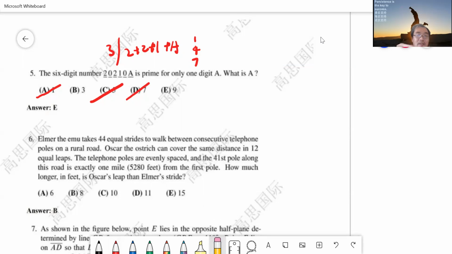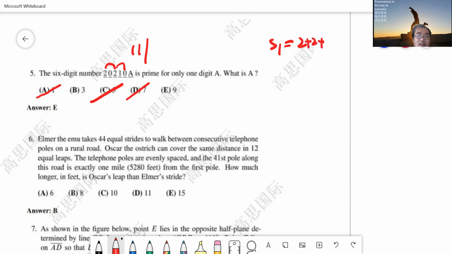Right. So I think maybe we can think about another divisibility rule, which is 11. So what is the divisibility rule for 11? Right. So we have the alternate digit sum, right? So for example, we have this digit sum. So that's going to be sum 1 equal to 2 plus 2 plus 0.